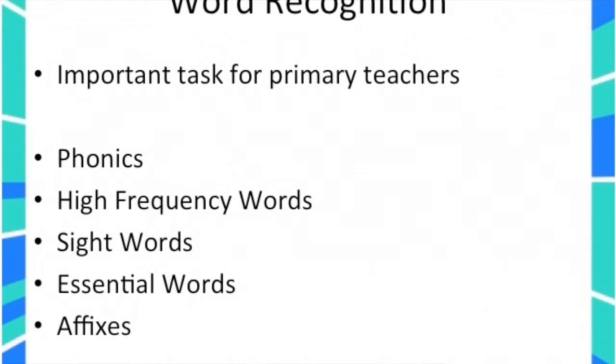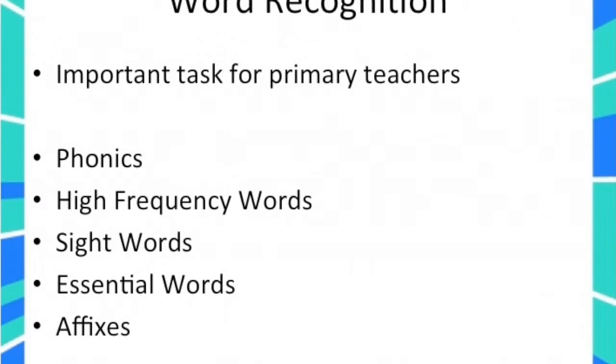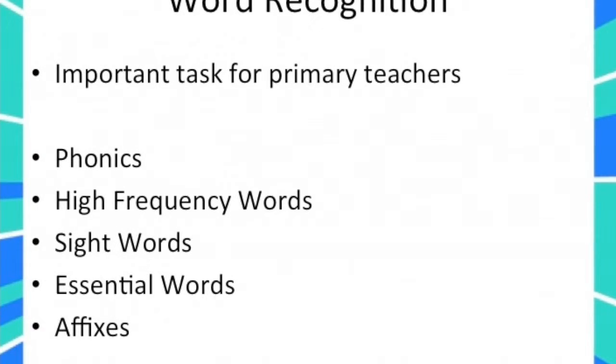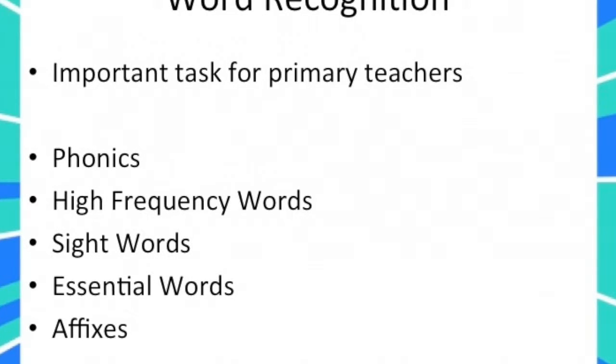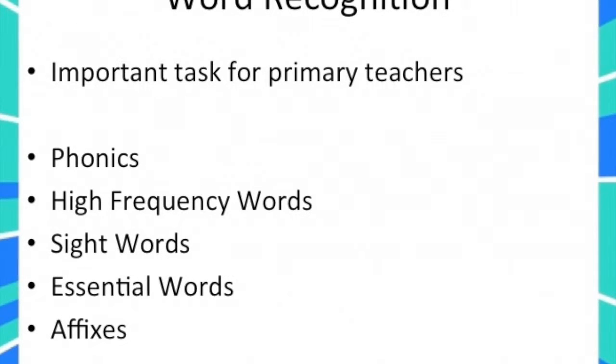So the word recognition category for assessments includes phonics and whether or not students are making those connections between letters and sounds. Can they see a printed letter and know what sound that makes, or vice versa? This also includes high frequency words and sight words.